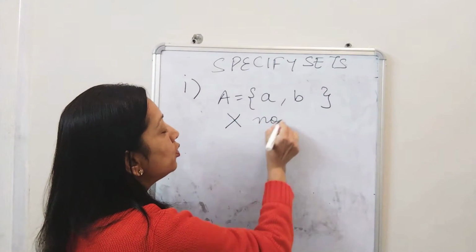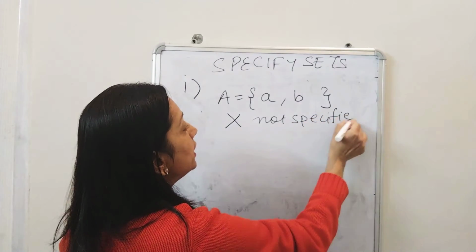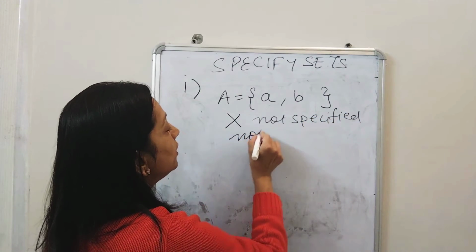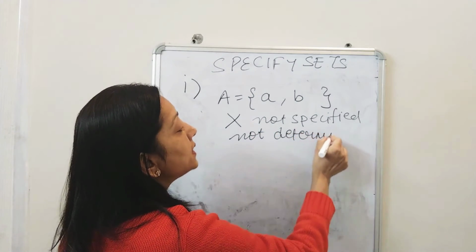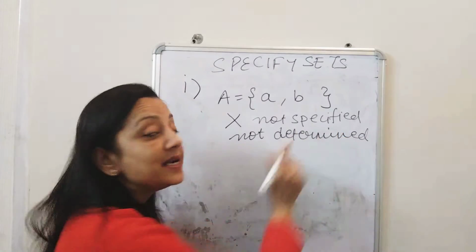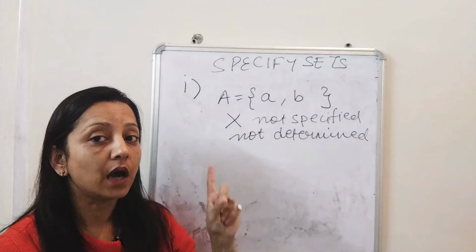It is not determined. So a set is not determined or specified until and unless all the members of the set have been listed out.